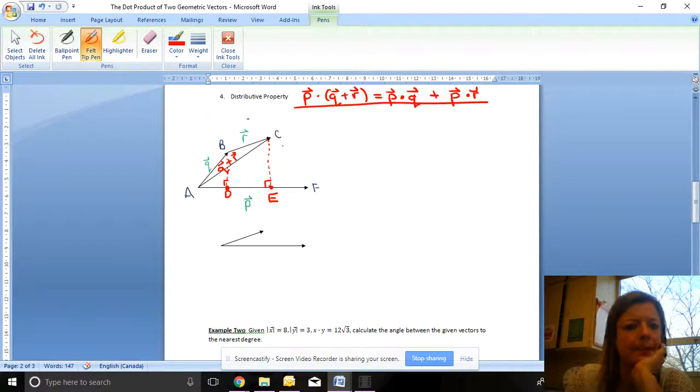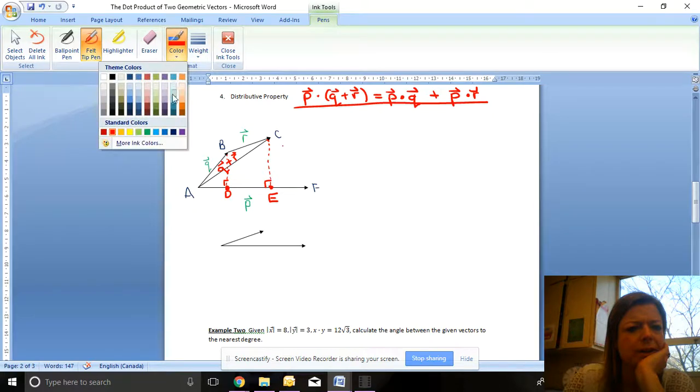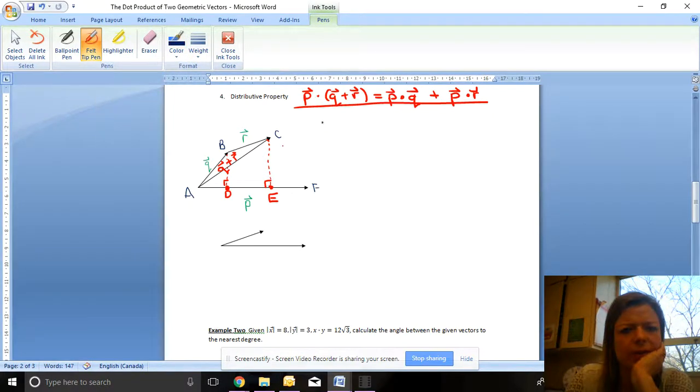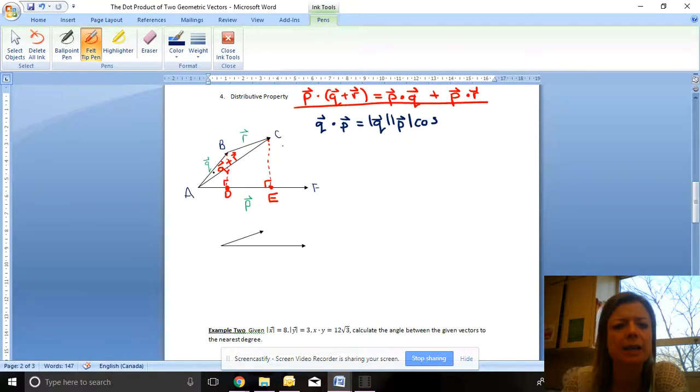So let's start with defining Q dotted with P. That would be equal to the magnitude of Q times the magnitude of P times the cos of angle BAF.